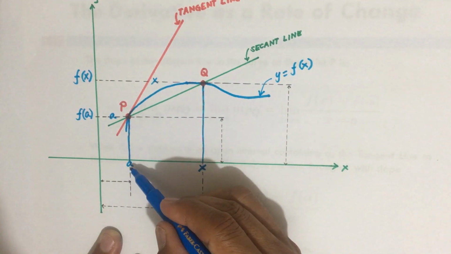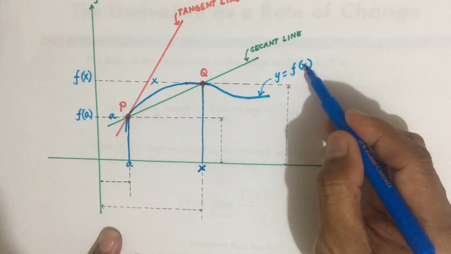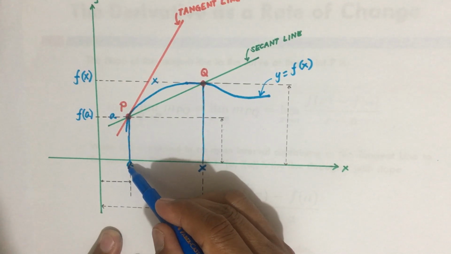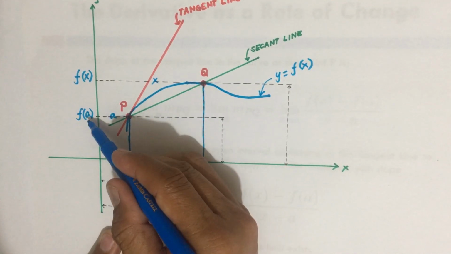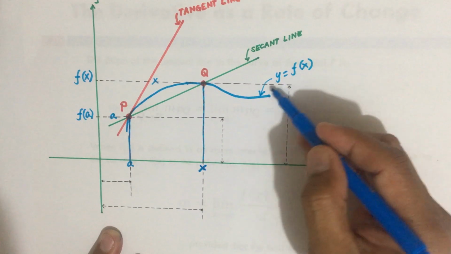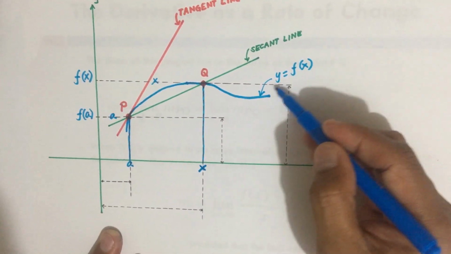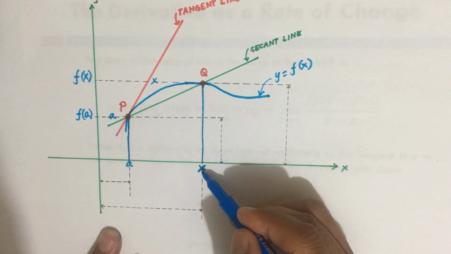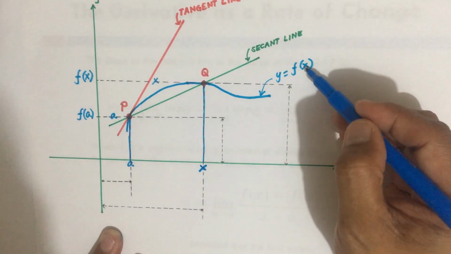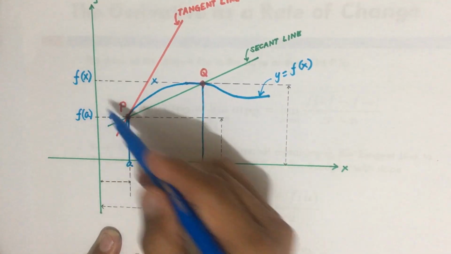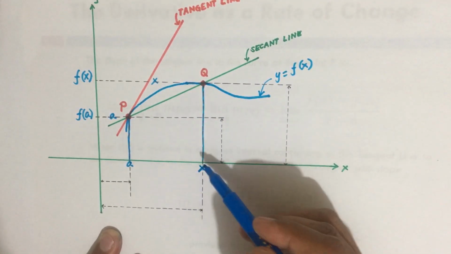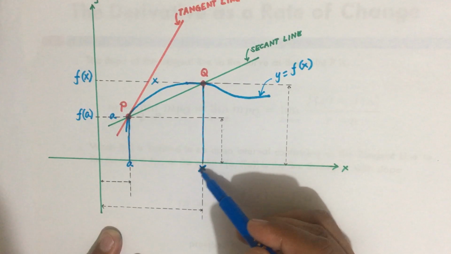So like here, we have y equal to f of x, and when the value of x is equal to a, the value of the function is f sub a. Now using the same function expression, as the value of x is equal to x, substituting x here, this is the same, so f of x. So this is the value of the function at x equal to this, which is also x.